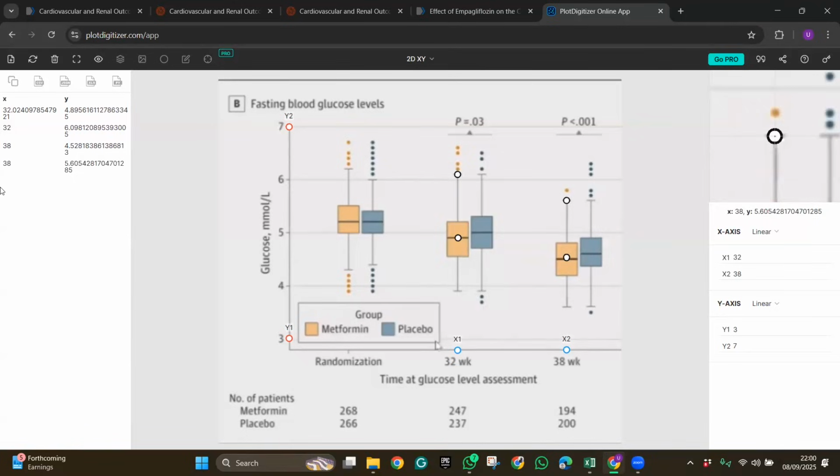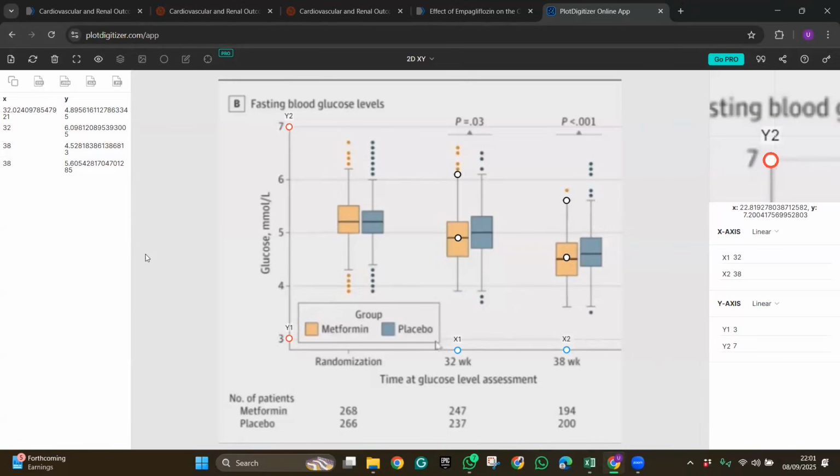You guys see? This 38 is the mean, and this 38 is the upper limit. This is the y value for the mean, and this is the y value for the upper limit. I'm going to subtract 4.5 from 5.6. The value, I think it will be 1.1 or maybe, I don't know. You guys can calculate that yourself, okay? And the value which you'll get will be the standard deviation. Is it clear?